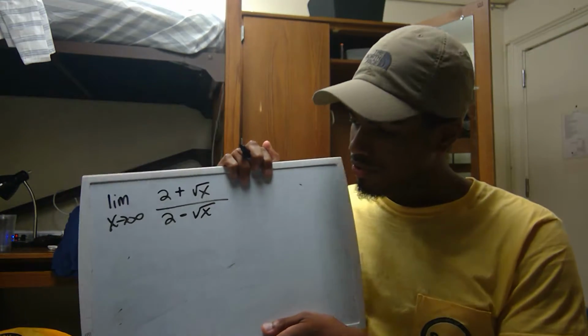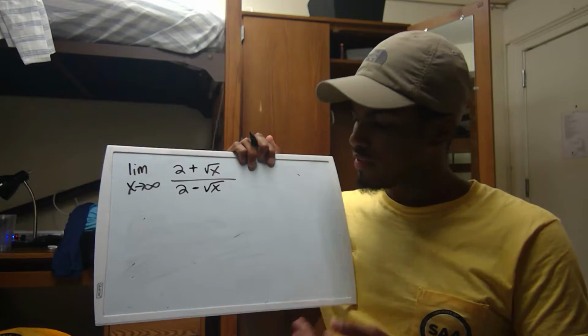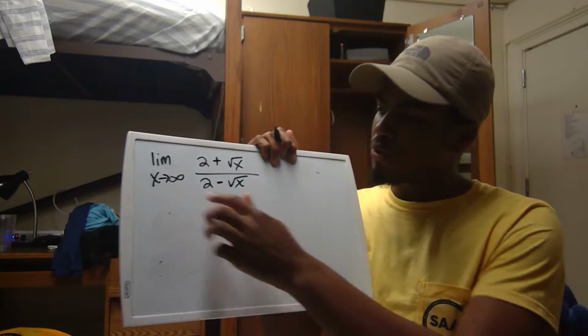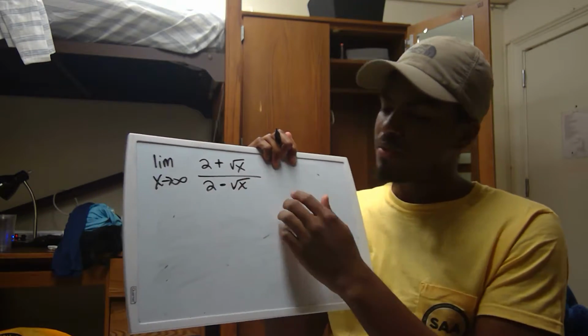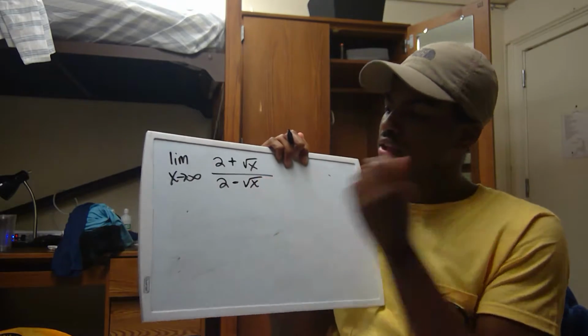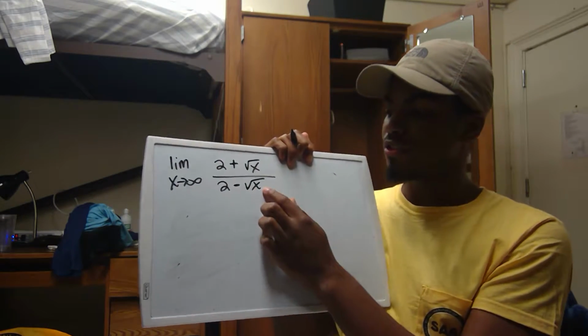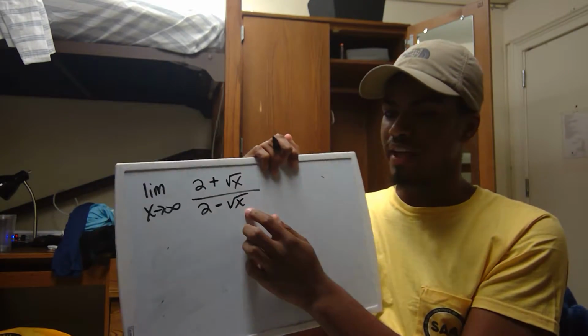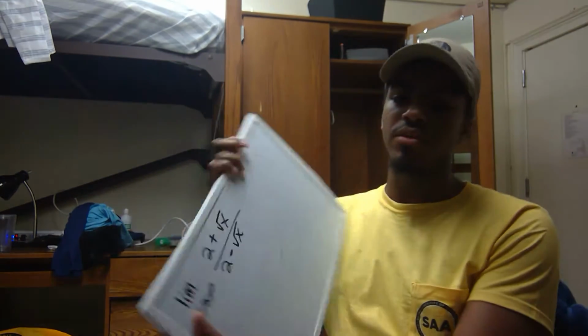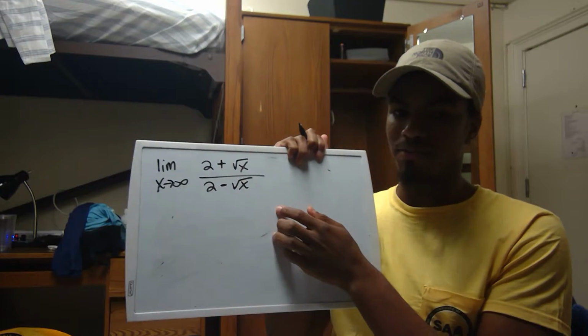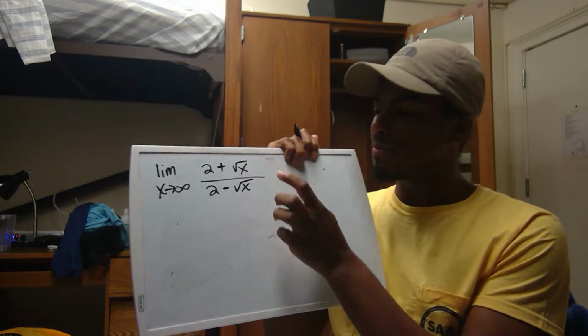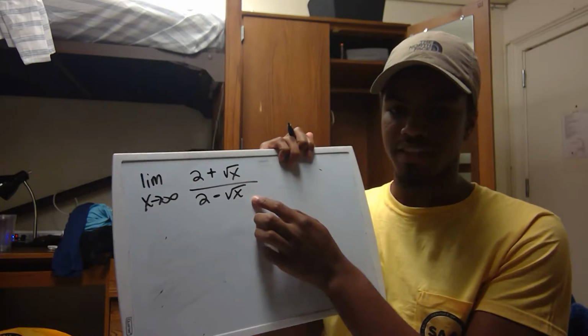So what we can do is, since it's approaching infinity, we can multiply the top and the bottom by the square root of x, the largest term of x. So that would give us, well, actually, no, we would divide the top and the bottom. I apologize. Divide the top and the bottom by the square root of x.